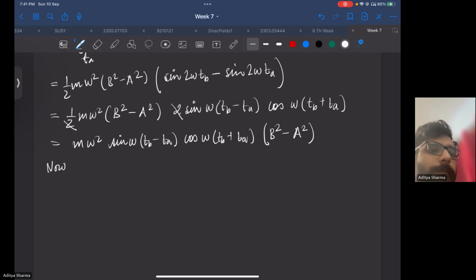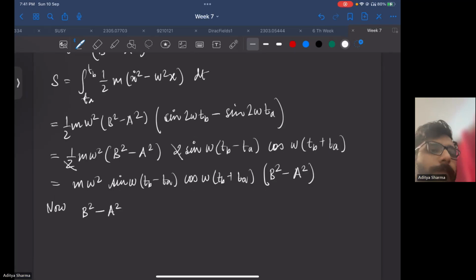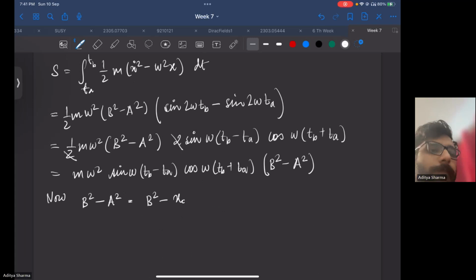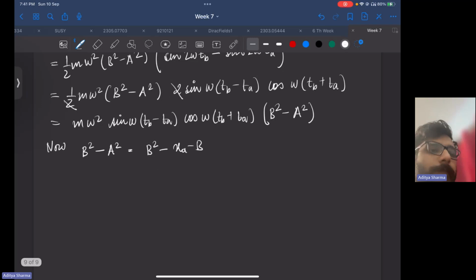Now B square minus A square is equal to B square minus x minus b sin omega t cos omega t.